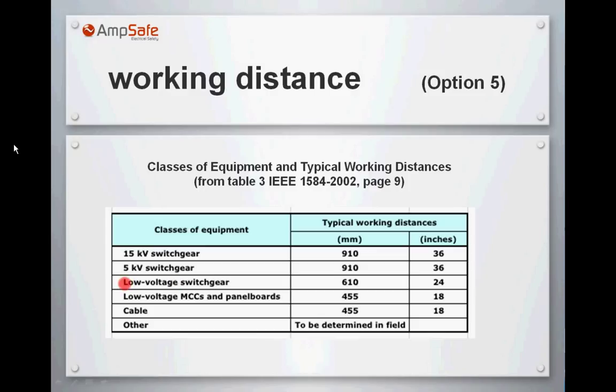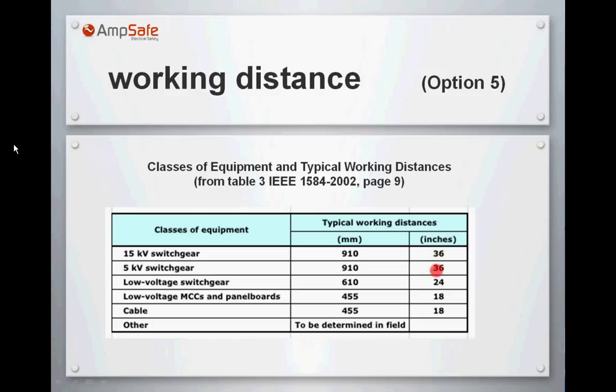That means that if you are working on this energized low voltage switchgear, you're going to be closer to the source of the arc. And that makes sense because these other pieces of equipment are more massive, and all the exposed bars and connectors that can arc are deeper into the structure, so you are kind of further away from the source.